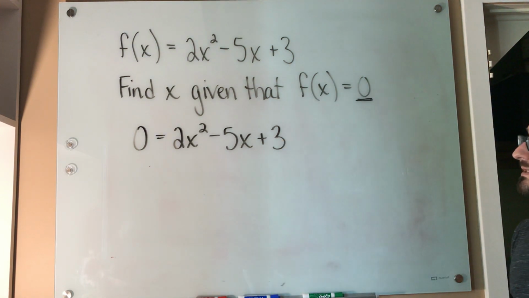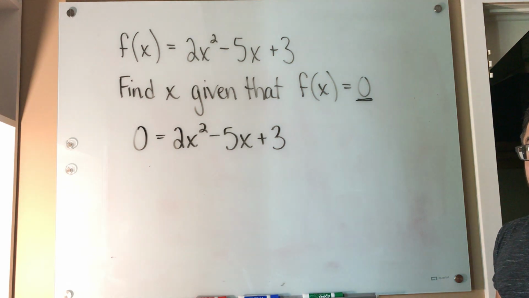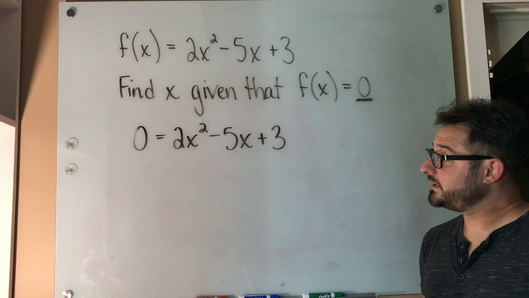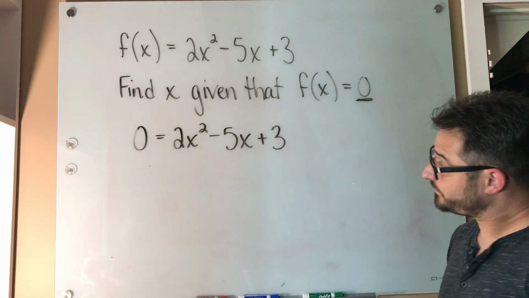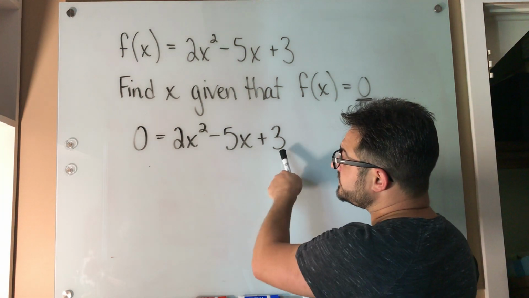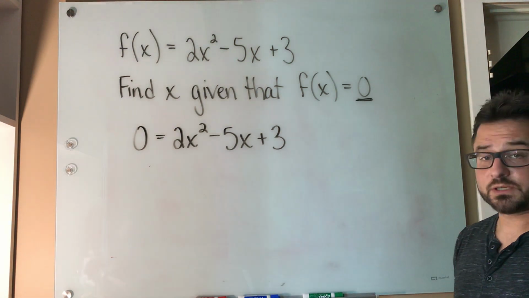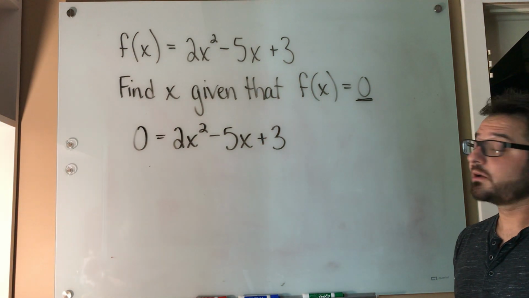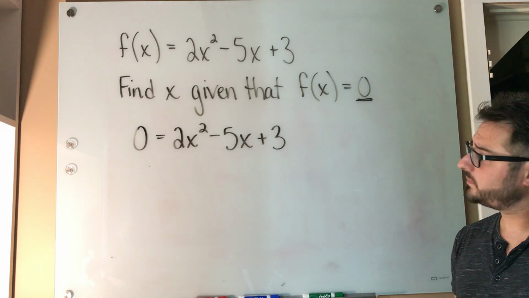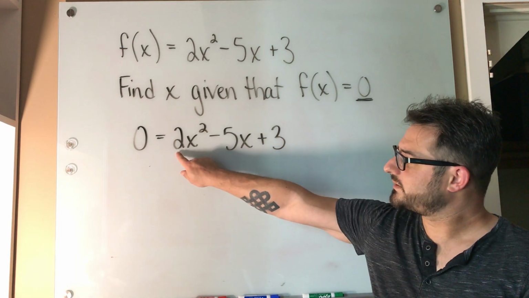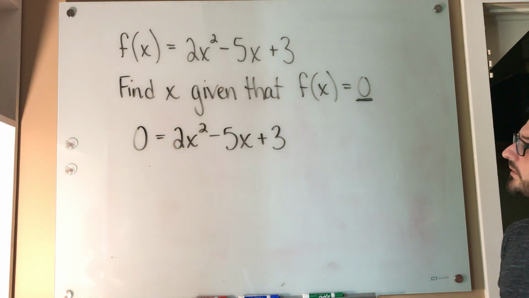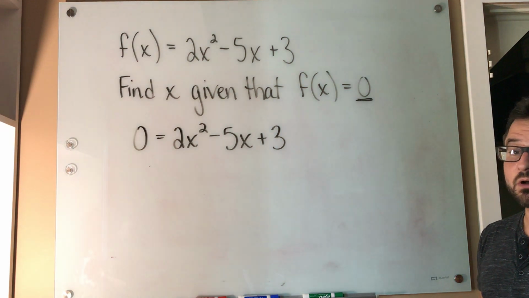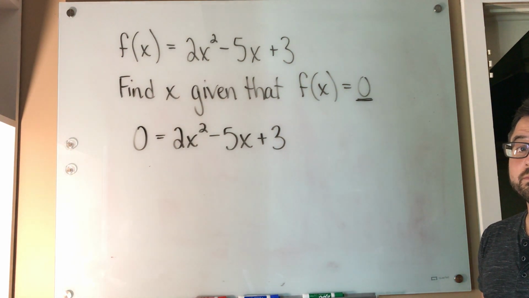This equation can then be solved using quadratic techniques, a topic from Algebra 2. Something that, if you feel the need to review, I suggest you do so. There are many ways to solve this, including factoring, if it can be factored, and if you remember how. Completing the square is always an option, although the lead coefficient of 2 makes that a little bit troublesome. There is always the quadratic formula.